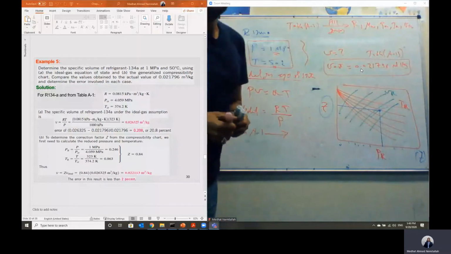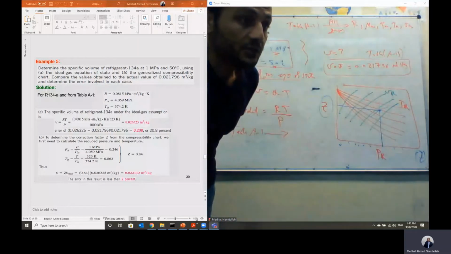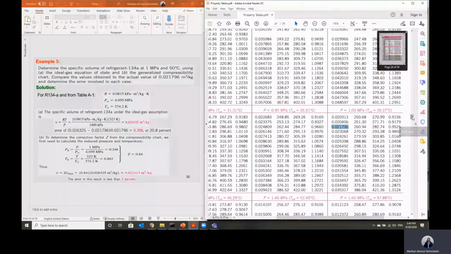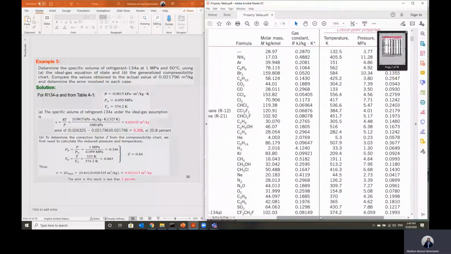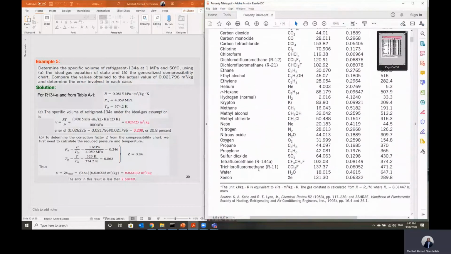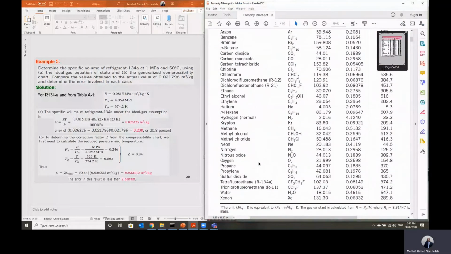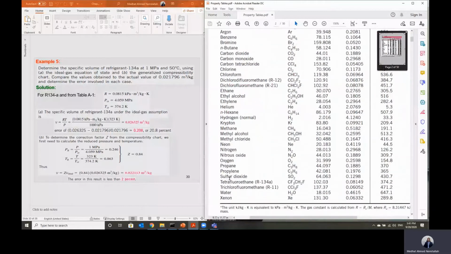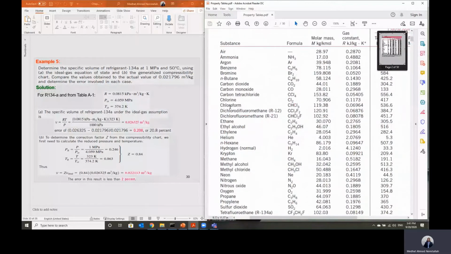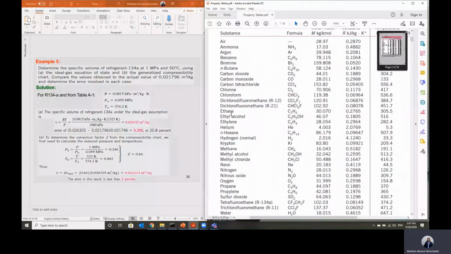Then for refrigerant 134a, let's go to table A1. Here is the table for the substance R134a, which is the refrigerant. Let's look for it.